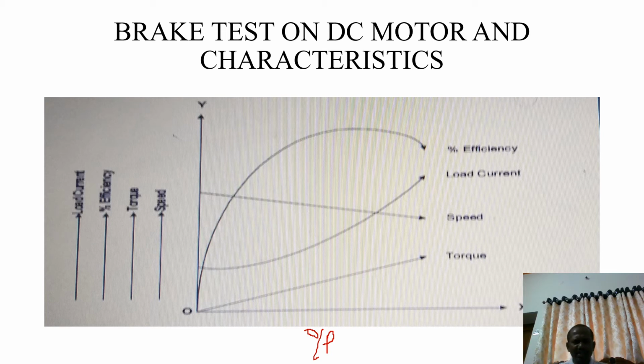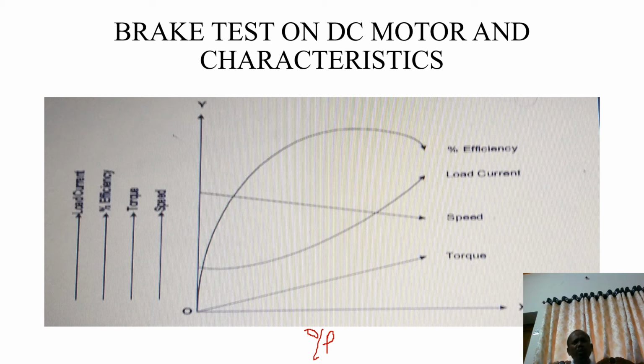Next, you can see speed versus output power. Under no load condition, speed is maximum. When we apply the load, speed decreases and load current increases.